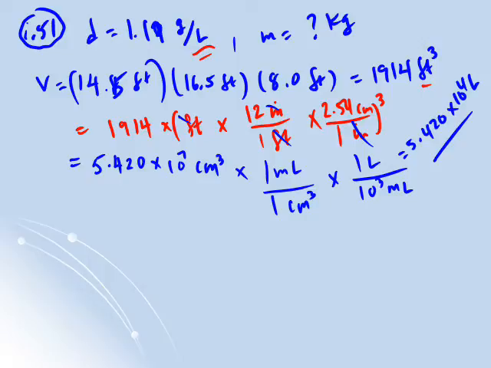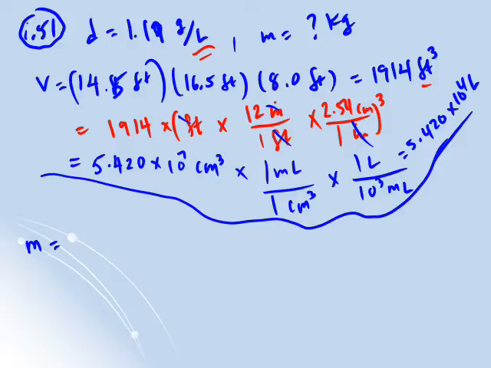Now I can easily calculate the mass they're asking for. So mass would be given by, I can draw a separating line, we have density of 1.19 gram per liter, and then the volume 5.420 times 10 to the power 4 liter.